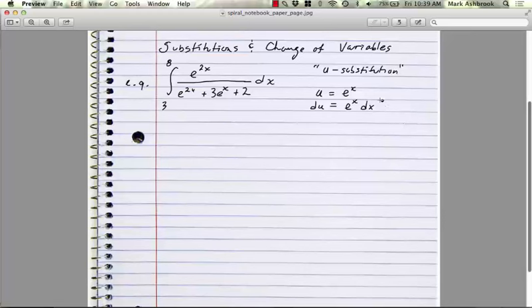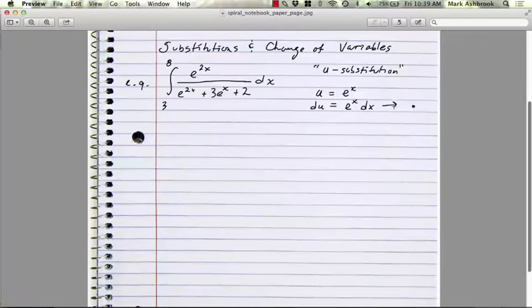What about the 2? There is no 2. Well, why didn't you just replace u with e to the 2x? Because we're thinking something squared plus 3 times something plus 2. That's going to be our variable, not e to the 2x, right? We still need to find what dx is.